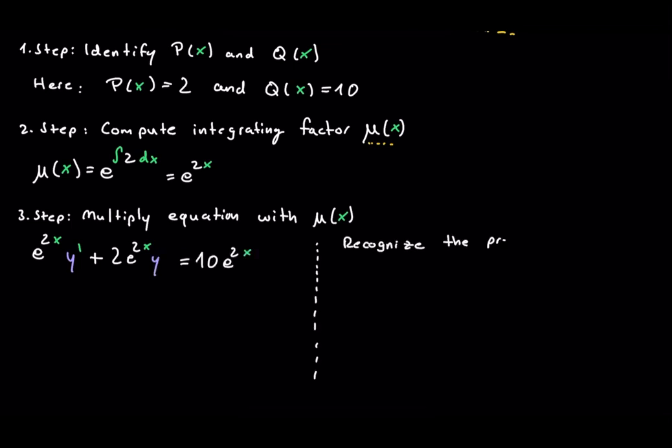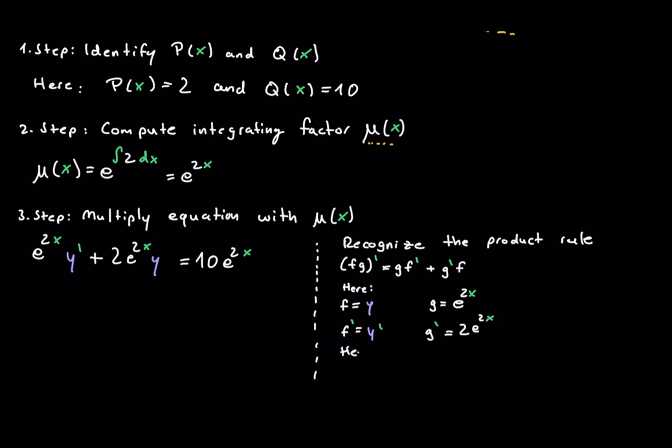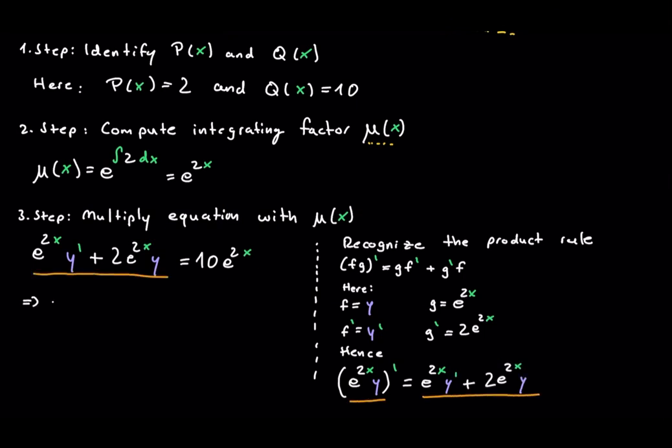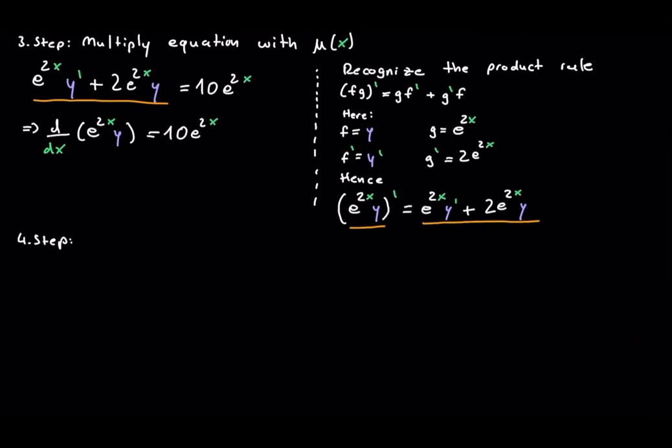Now recognize the left-hand side. That's exactly the derivative of e^(2x) times y, because the derivative of e^(2x)y is e^(2x)y' + 2e^(2x)y. That's the key moment. The integrating factor makes the whole left-hand side a perfect derivative.